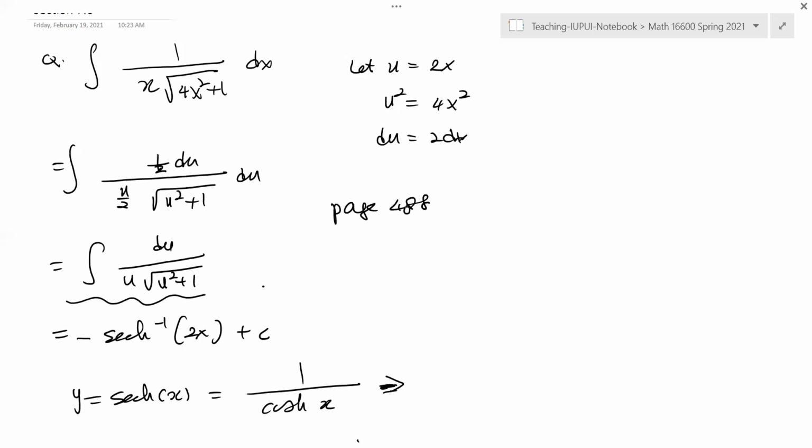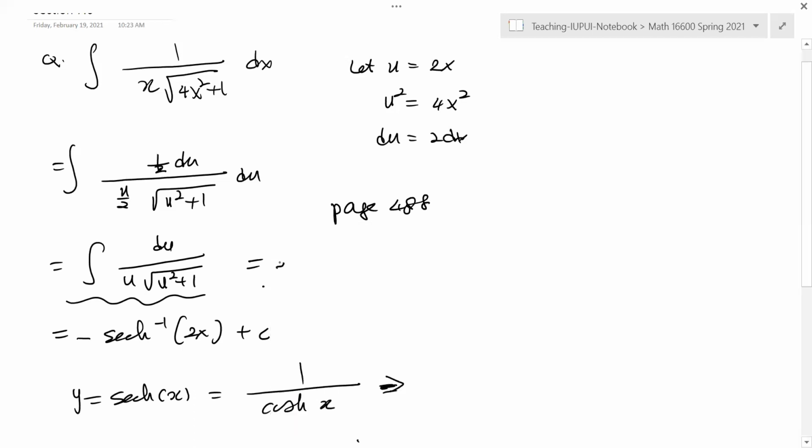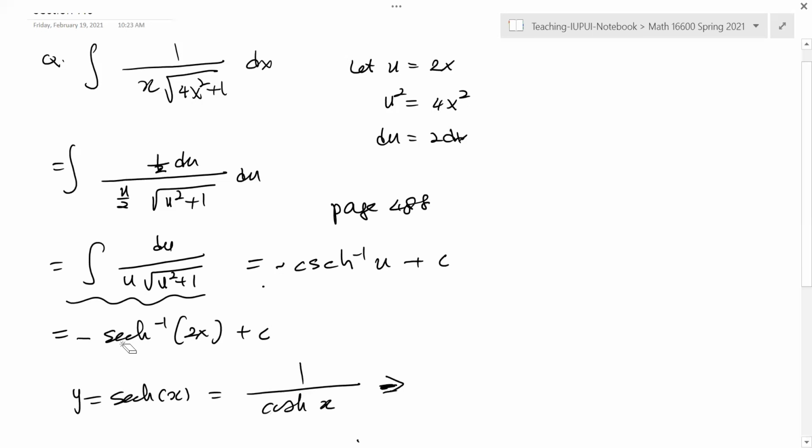Then this is going to be, there was a negative sign here, and this is cosecant, sorry, not the cosecant, the hyperbolic cosecant u plus constant. Okay, so this is cosecant. Then you replace it, it's not secant, the inverse of a cosecant.